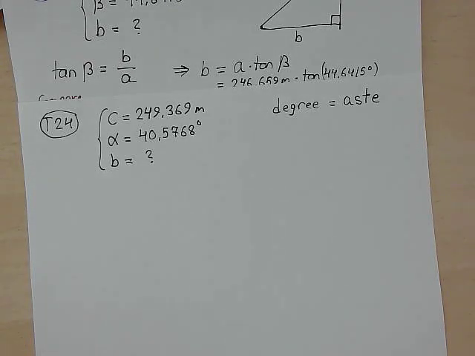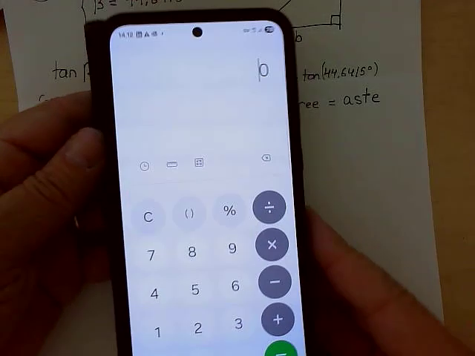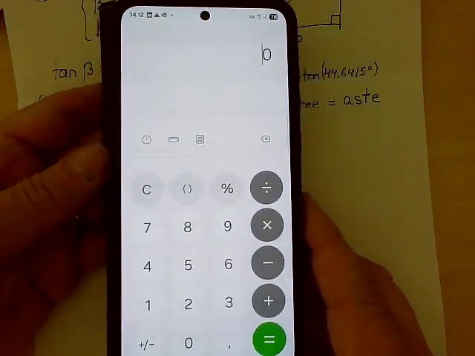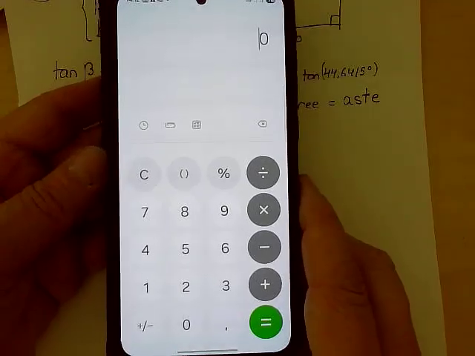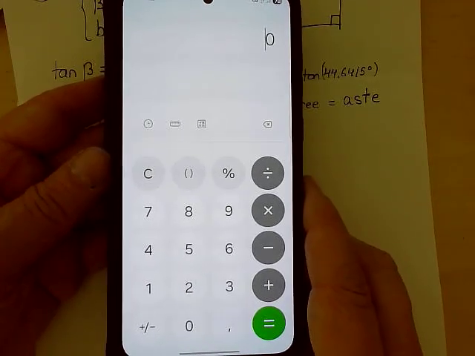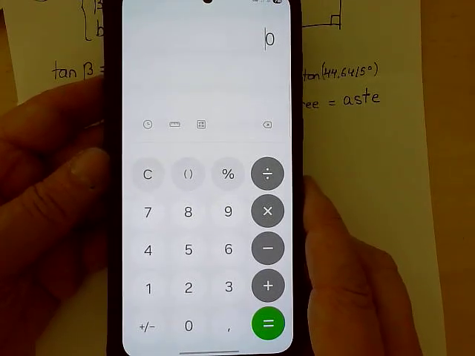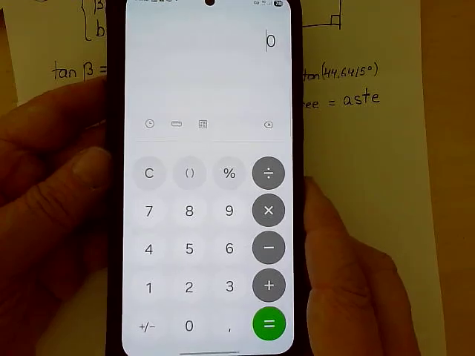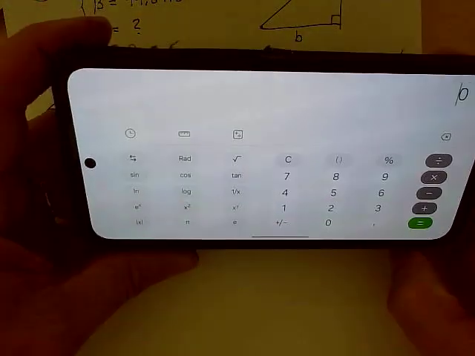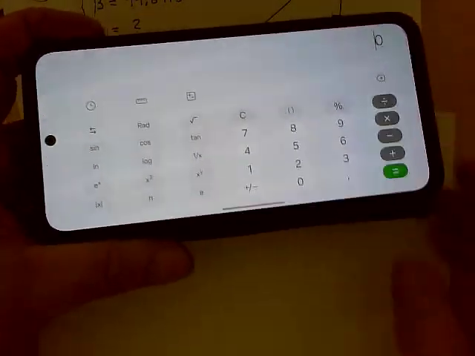And also these mobile phone applications many times use radians. In this my phone, this simple calculator, you don't have any sine, cos or tan there, but if I change it this way, you see it.